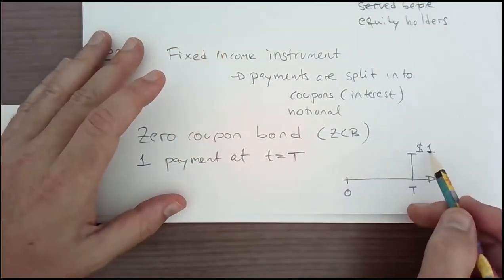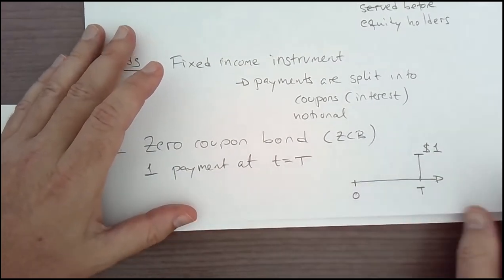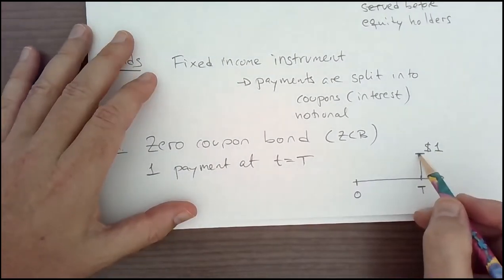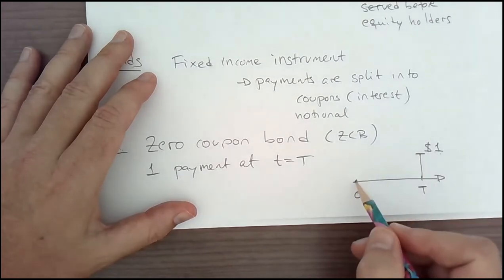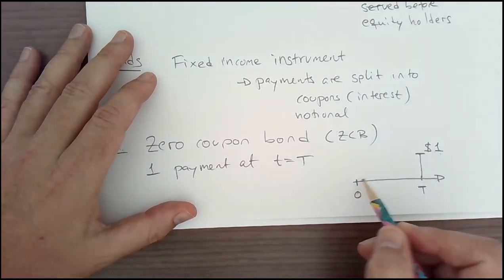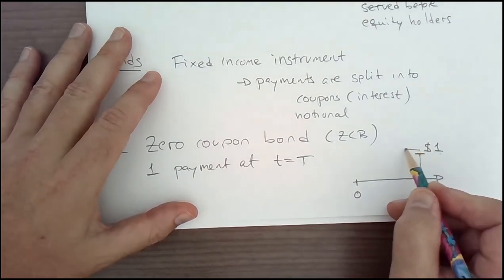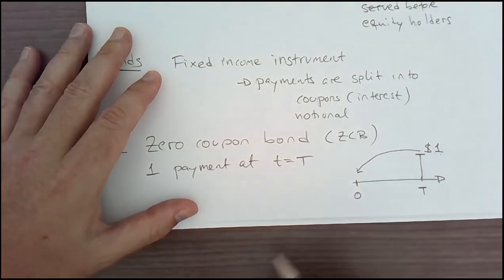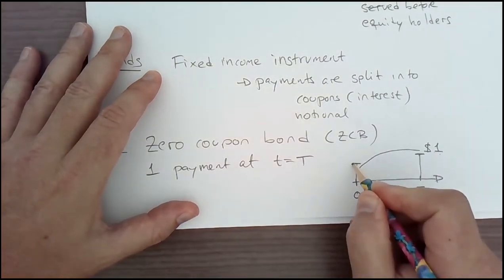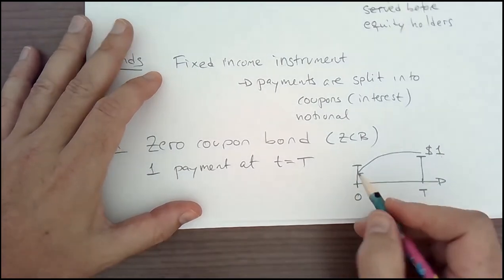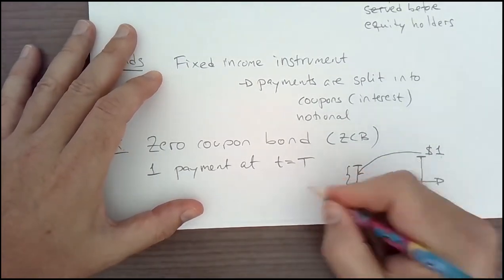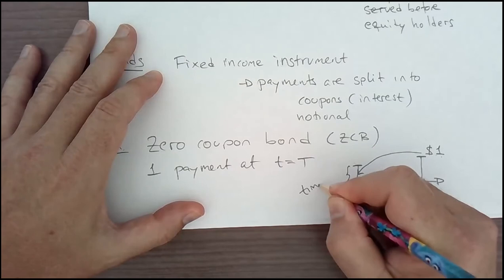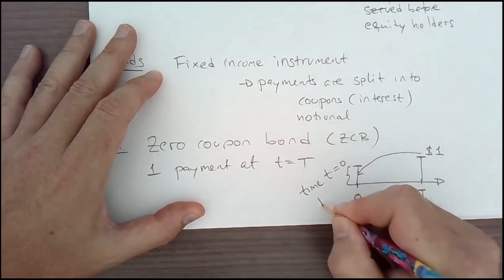Now, how much are you willing to pay for that $1? This is what we'll be interested in. At the end, you get $1. How much are you willing to pay for it here in the beginning? How big should I make the leg here? This is the initial price, the time 0 price.